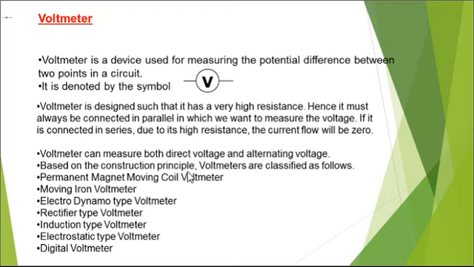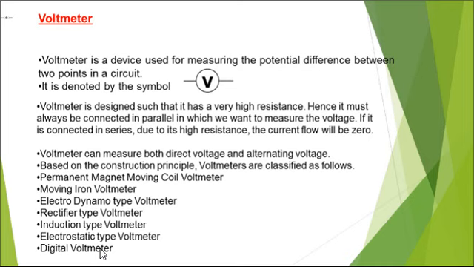Based on construction, voltmeters are classified as follows: permanent magnet moving coil voltmeter, moving iron voltmeter, electrodynamometer type voltmeter, rectified type voltmeter, induction type voltmeter, electrostatic type voltmeter, and digital voltmeter.